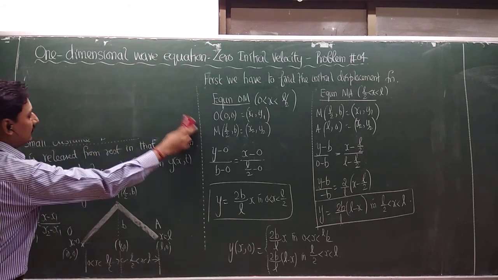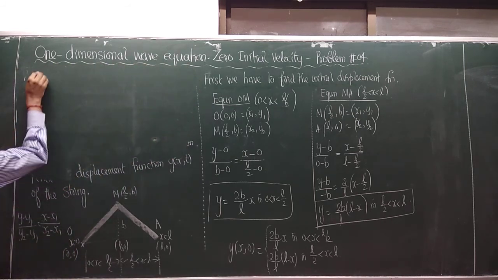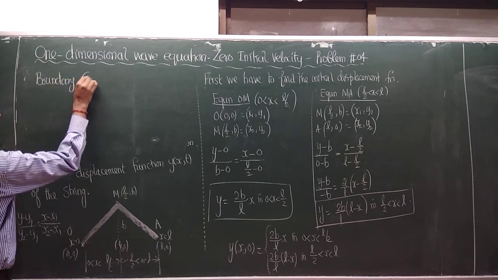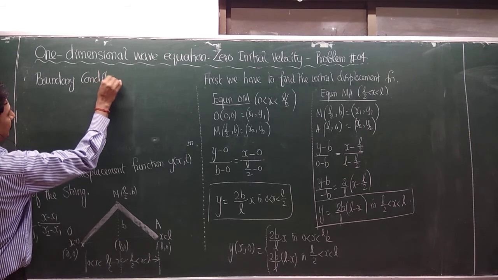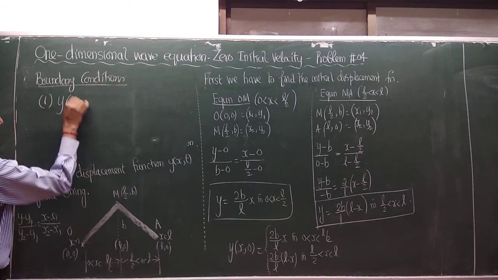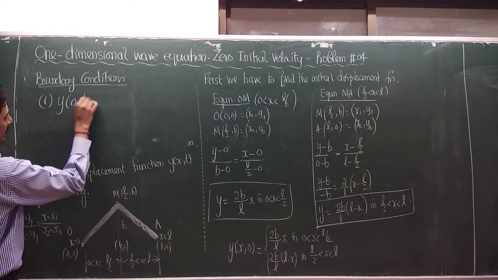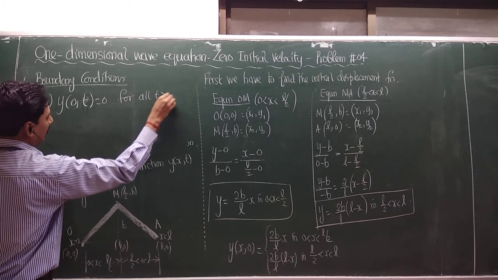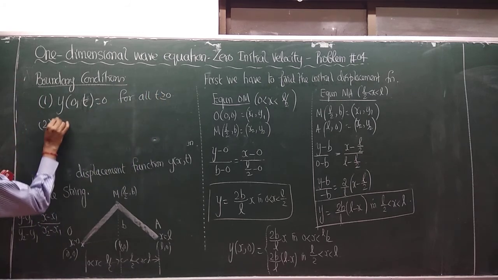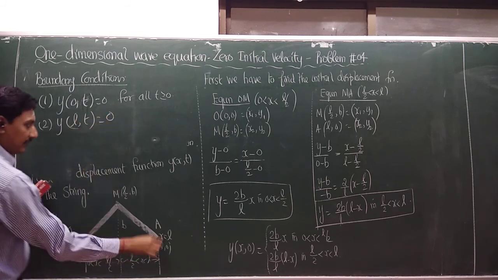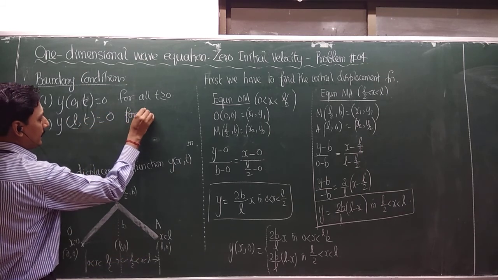Now, what are the boundary conditions for this case? The first one: when x equal to 0, there is no displacement for all t greater than or equal to 0. The second boundary condition, y of L comma t is 0, because these two extreme points are fixed, so no displacement.